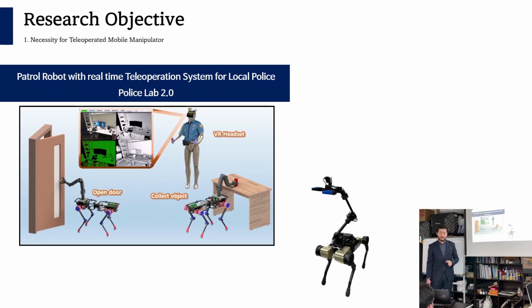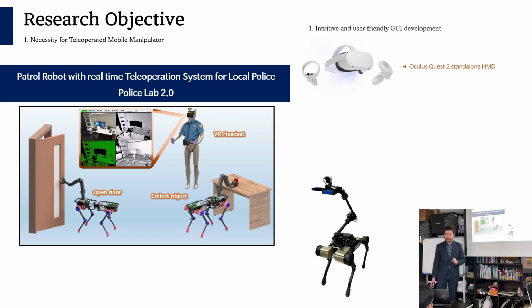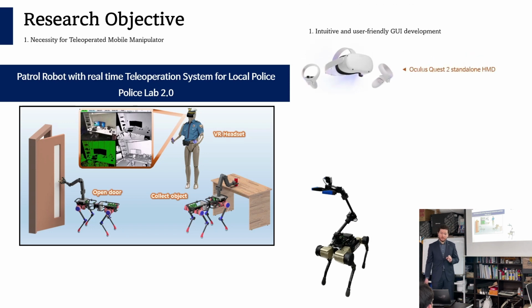My research objective is to develop a patrol robot with a real-time teleoperating system. I divided this task into 4 smaller tasks. The first one is to build an intuitive and user-friendly graphical user interface application with a target device of Oculus Quest 2.